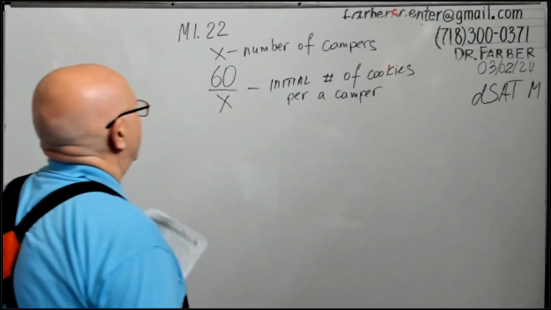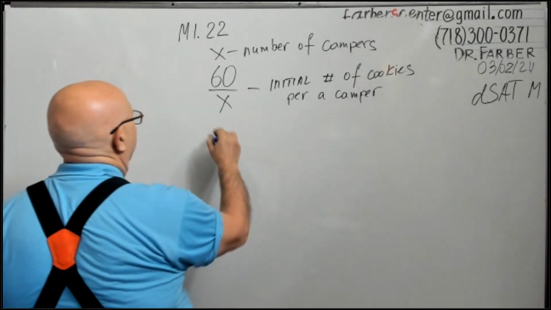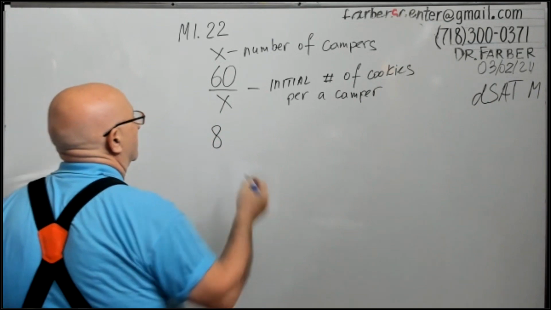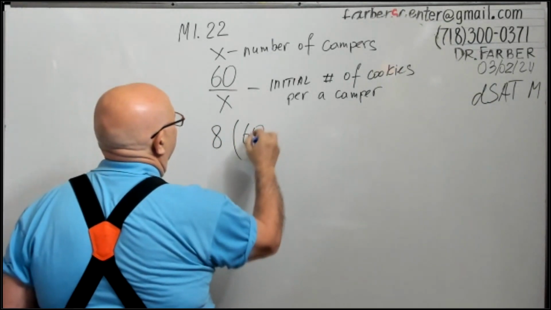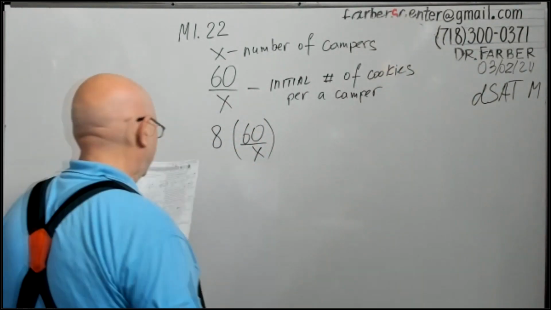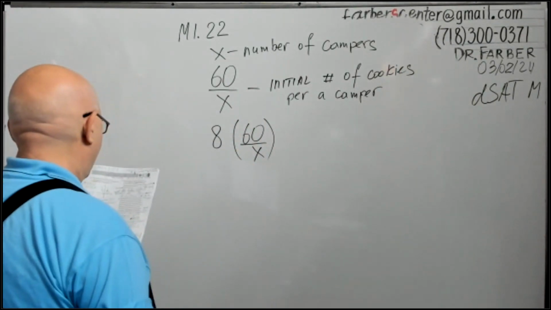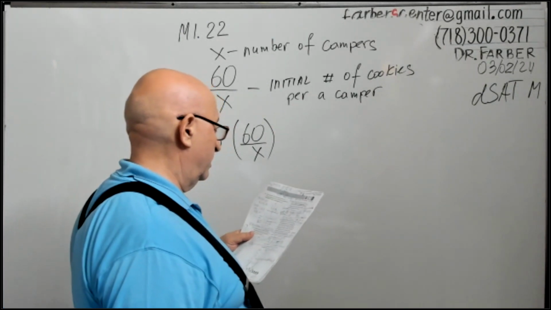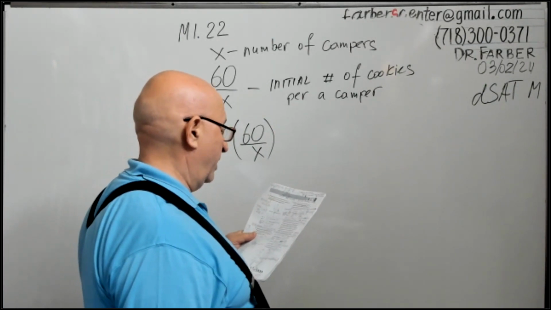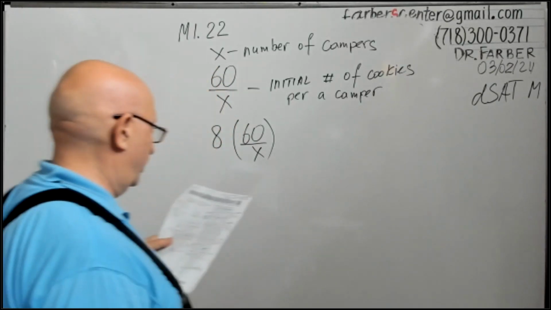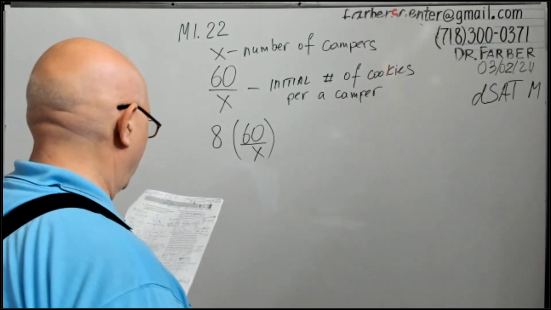Well, how many spare cookies do we have? 8, because they don't eat it, times 60 over X. So we have these cookies. 8 campers did not want cookies, so their share will be redistributed to the other campers, who each receive 2 more.